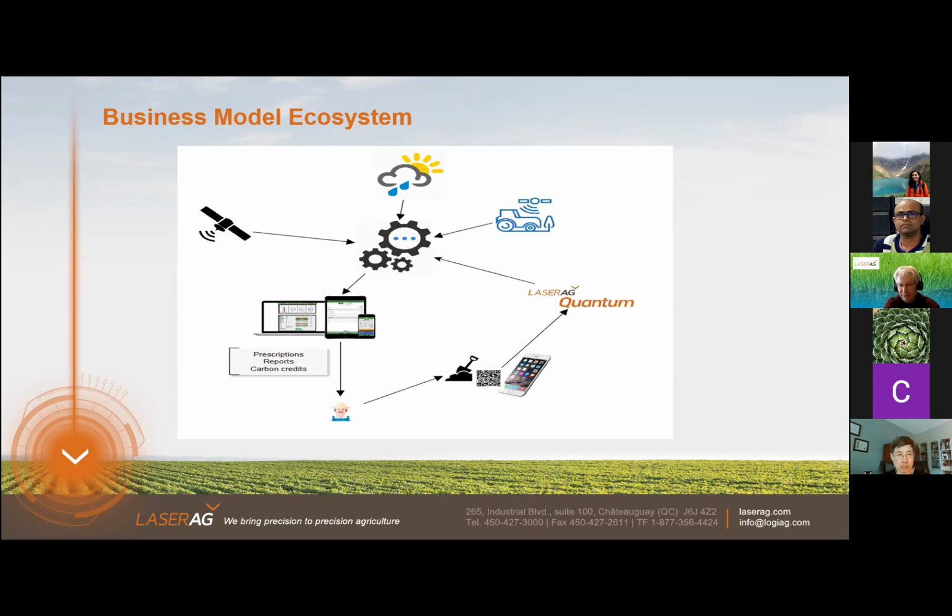We get weather information. We can get other sources of data on soil or anything that's available. And of course, LaserAg Quantum is a system that can efficiently provide soil data into a software system that allows agronomists to make prescriptions.